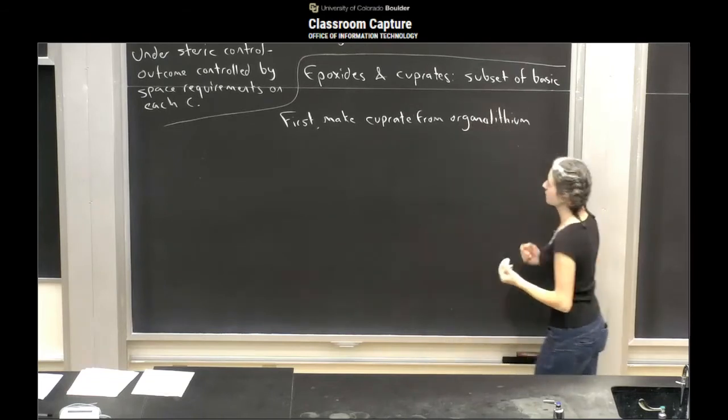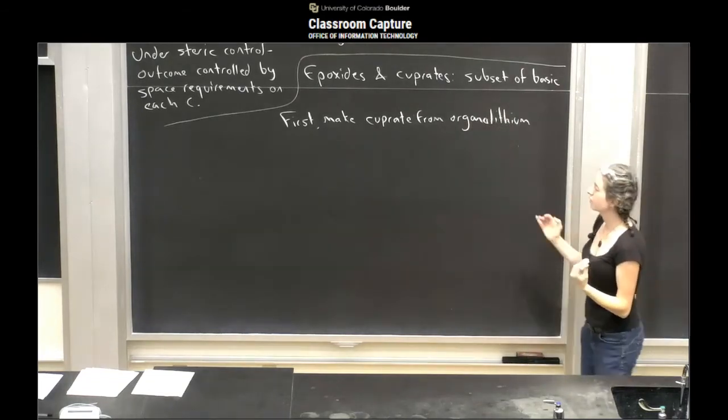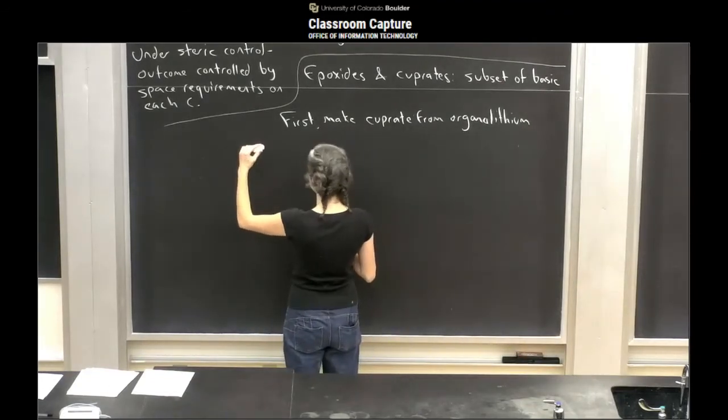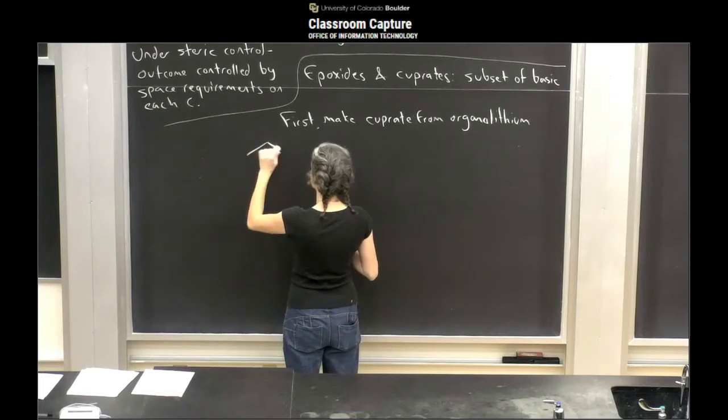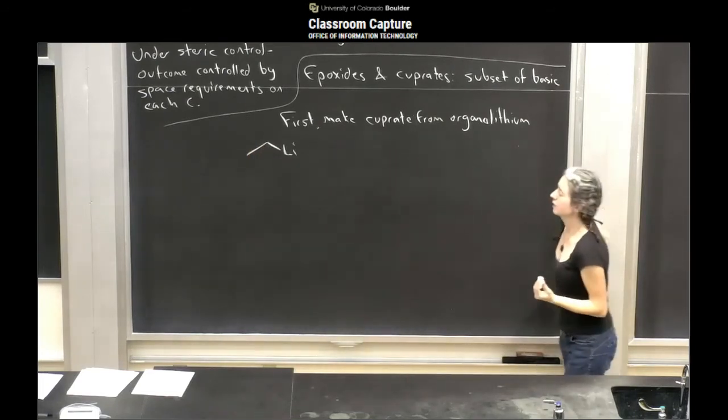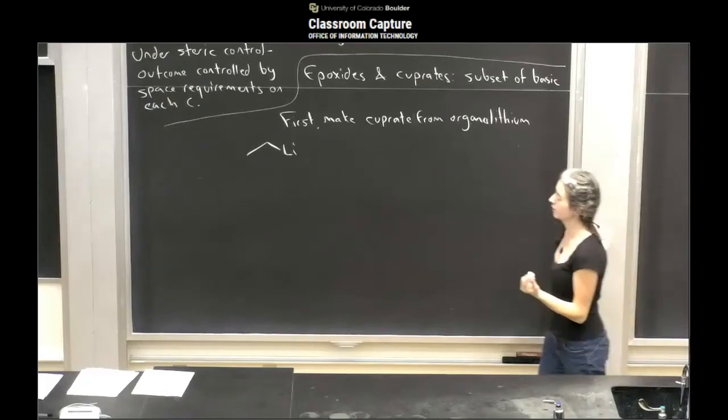So we're going to make them from the organolithium version of it. So if we use, say, I don't know, ethyl lithium, what we're going to do is take that organolithium that we already made.